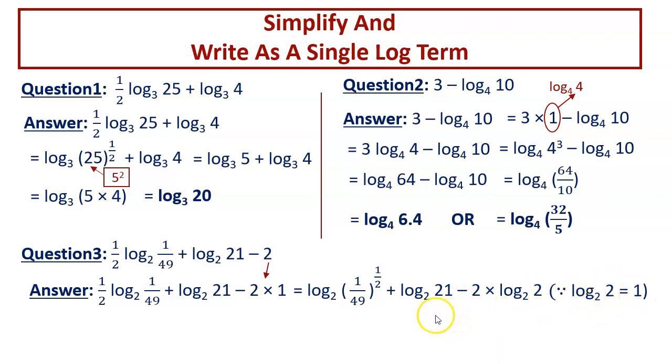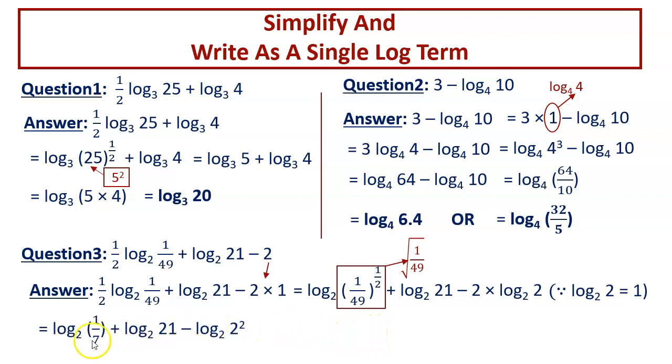Okay? And what is 1 over 49 raised to the power of half? A power of half is square root. So it is square root of 1 over 49, which will be 1 over 7.